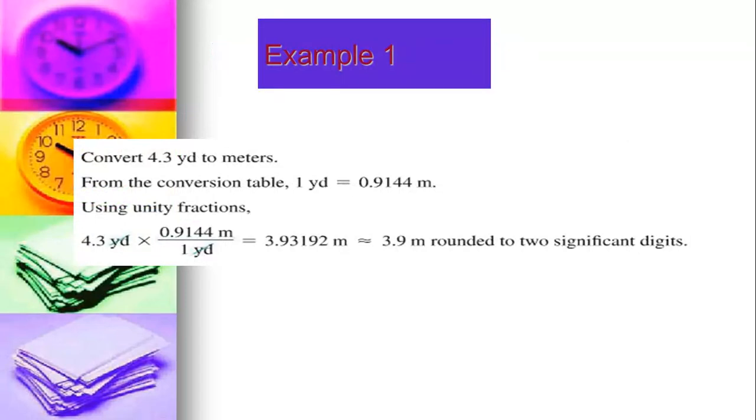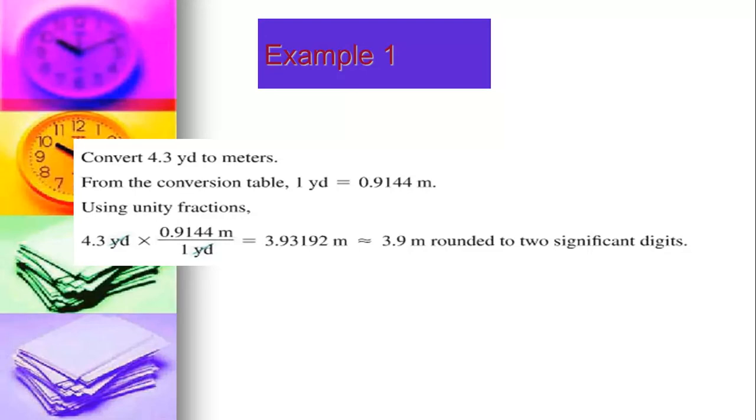For another example, convert 4.3 yard to meters. From the conversion table, yung pinakita natin kanina, yung 1 yard is equals to 0.9144 meter. So, ganun yung gagawin natin. Yung muna, ilalagay natin kung ano i-convert natin, say 4.3 yard.